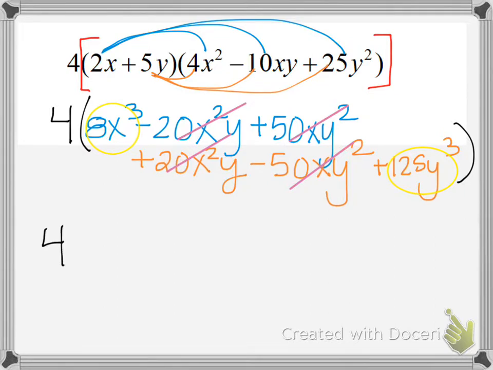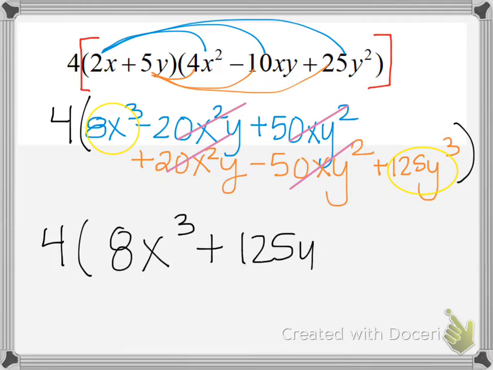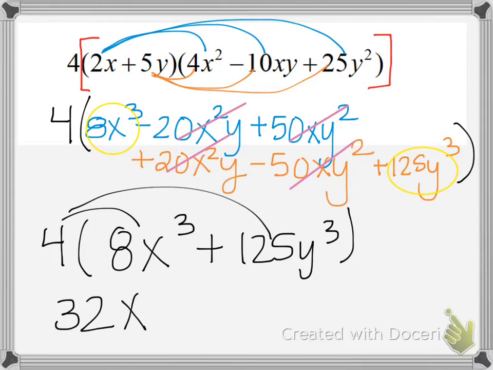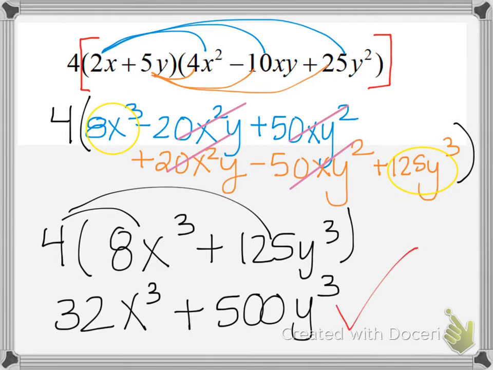So I still have that GCF of 4 on the outside, and then I have 8x cubed plus 125y cubed. And now my last step, watch, when I distribute that 4, there's my 32x cubed plus my 500y cubed, and I'm getting really excited here because that means I factored it correctly and it matches my original problem. So I know that my original problem and my answer to my original problem is correct.